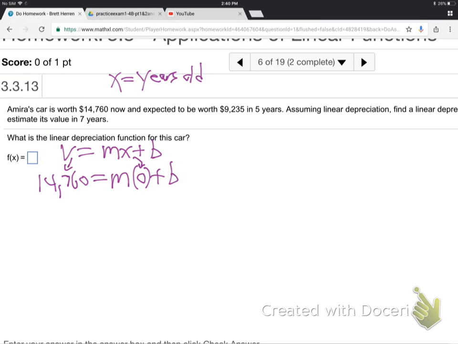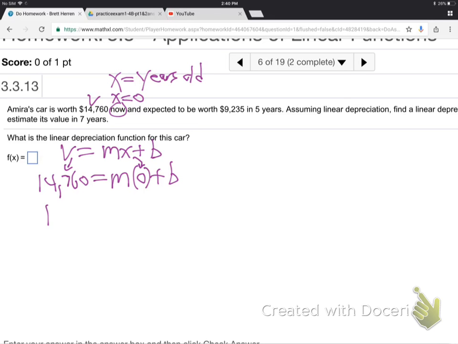Everybody see what I'm doing there? I plugged in that first bit of information. This is the value now, at X is 0. So I plugged in value 14,760 and X 0.